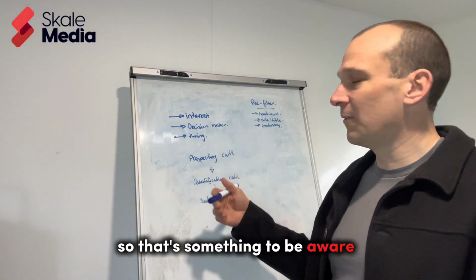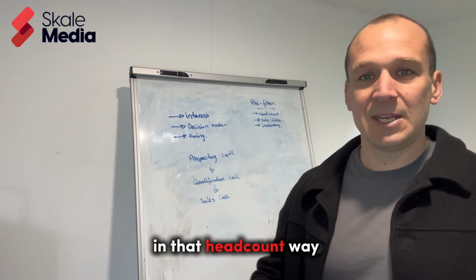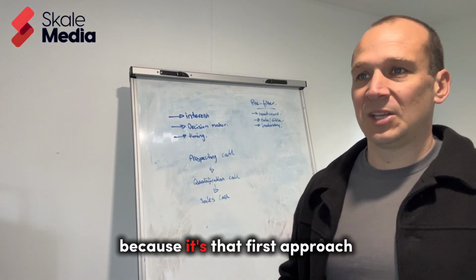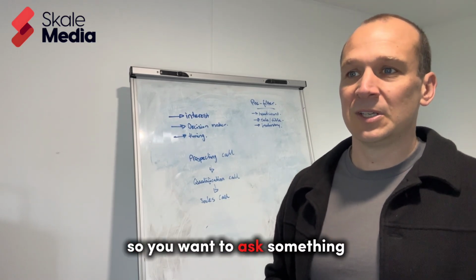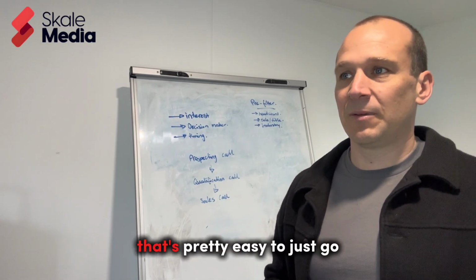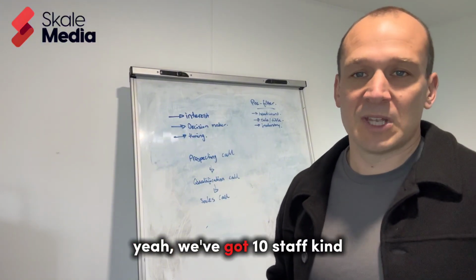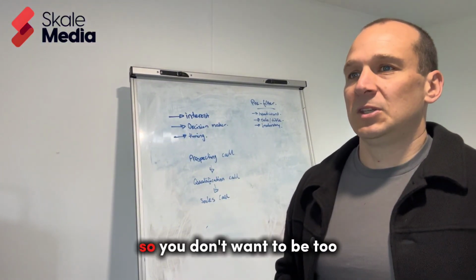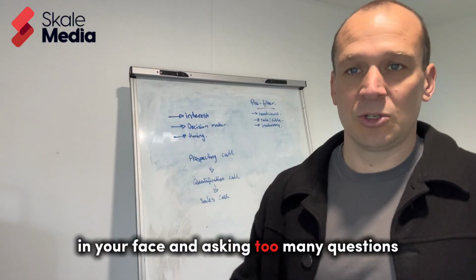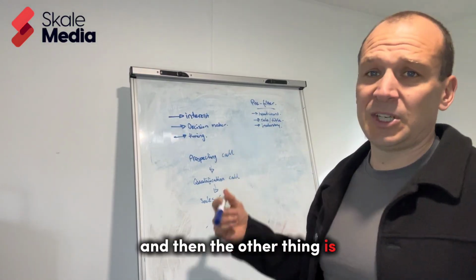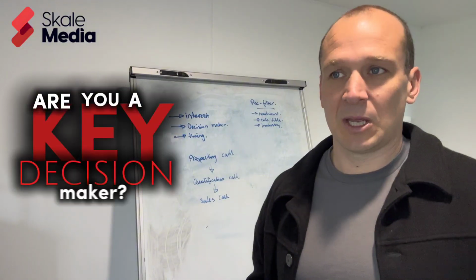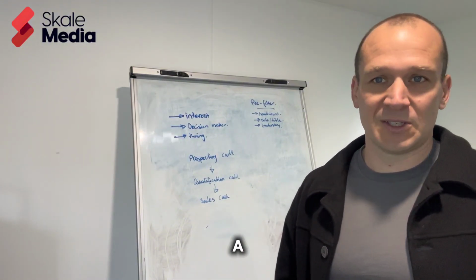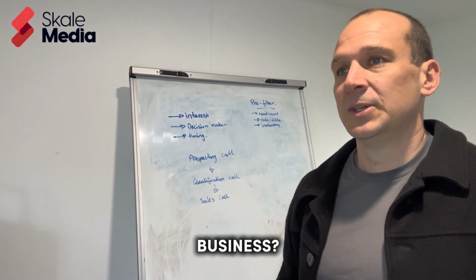So that's something to be aware of, you want to frame it in that headcount way, because it's that first approach. You've only got a couple of minutes on this call, so you want to ask something that's pretty easy to just go, okay, yeah, we've got 10 staff. You don't want to be too in your face and asking too many questions. The other thing you can ask at this point is, are you a key decision maker? Are you the key person that would be making a decision around X in the business?